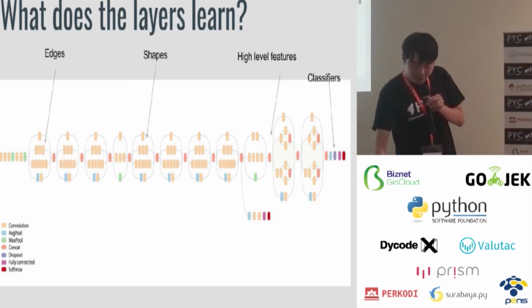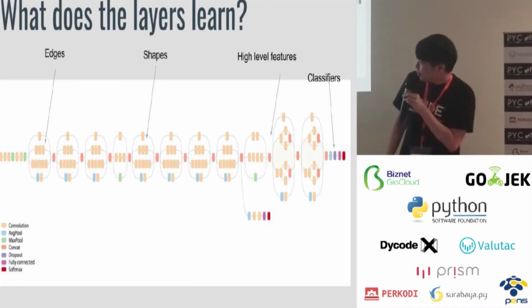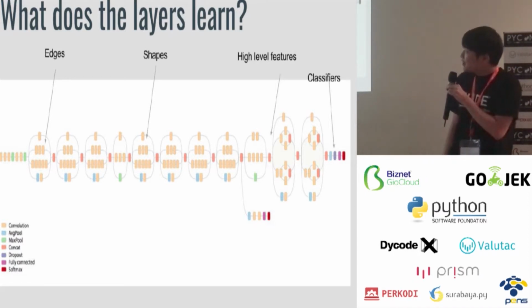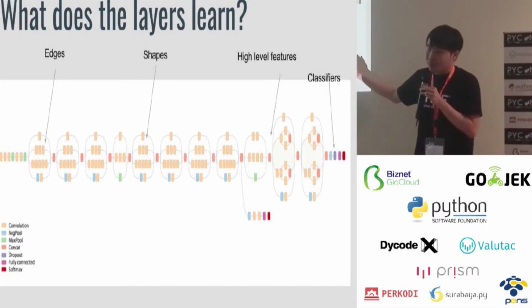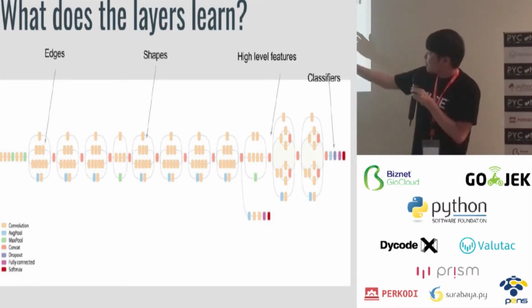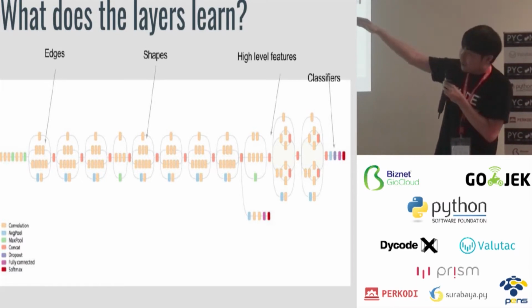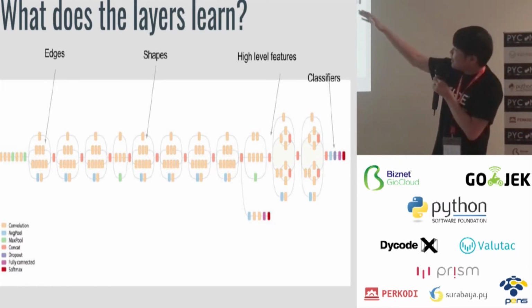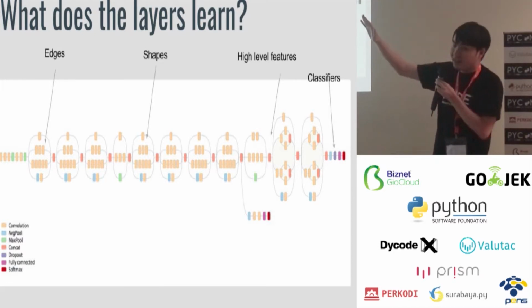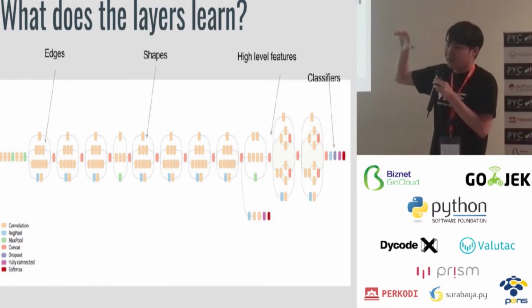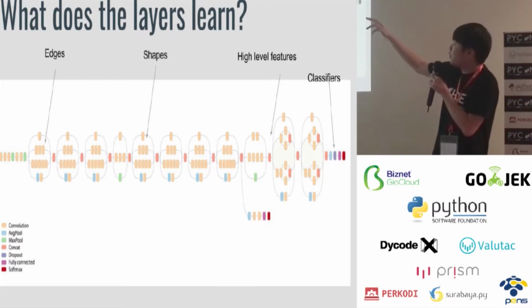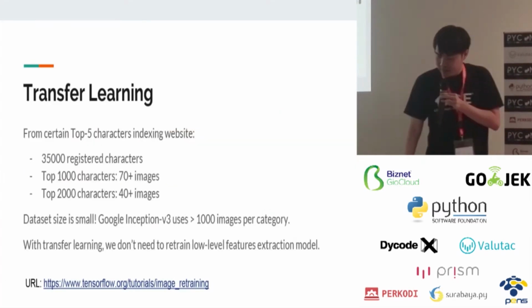This is probably very complicated, and I probably will not explain it in detail, but the Inception V3 layer looks like this. It has a lot of layers, a lot of convolution layers, but basically the idea is those layers will learn starting from detecting edges, detecting the higher features such as shapes before running it into the classifier.